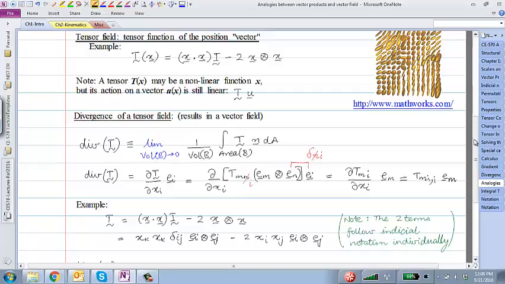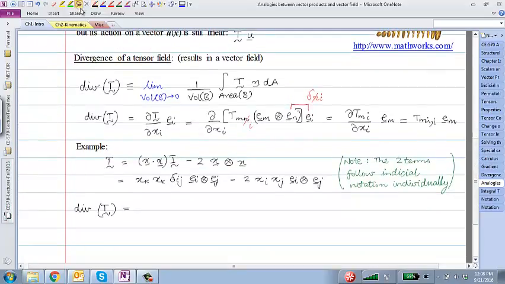Okay, let's take a look at this particular example that we were doing. For this particular tensor field, x dot x is x_k x_k. Identity tensor is delta_ij e_i dyad e_j. I'll even place e_i dyad e_j in parentheses. And minus 2x dyad x is minus 2 x_i e_i x_j e_j, and a dyad between those two.